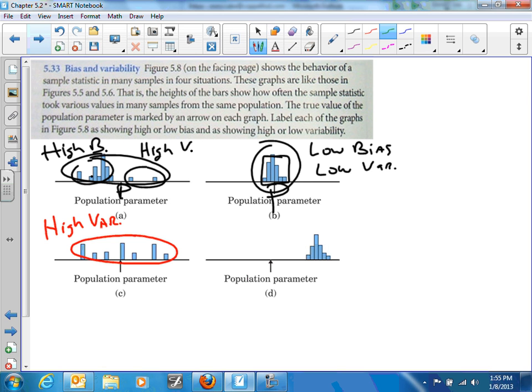However, it's spread out evenly around the parameter. Therefore, it's low bias. Now finally, this is not spread out, so that's low variability. But because it's so far away from the parameter, it's high bias.